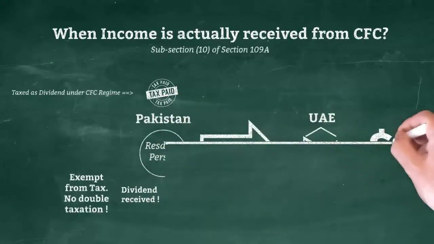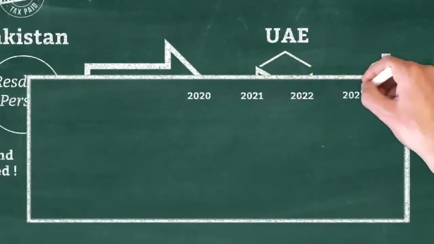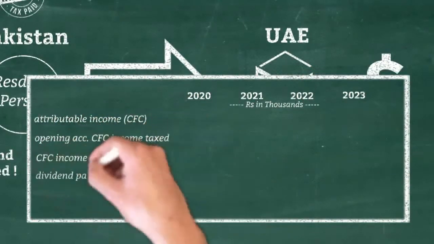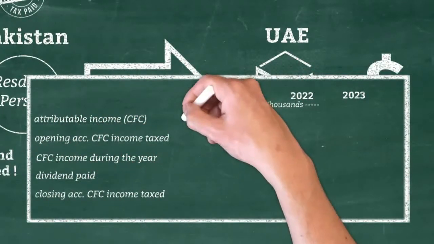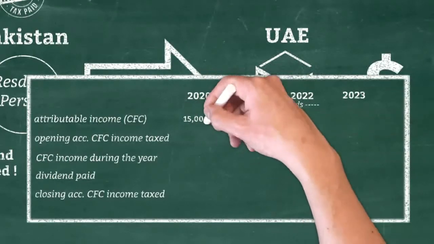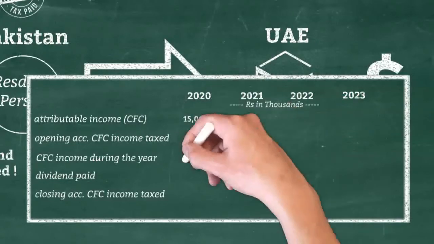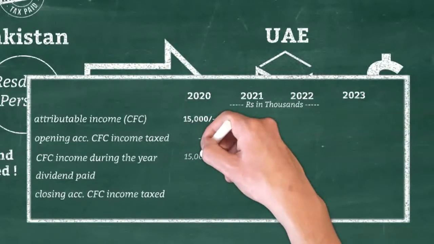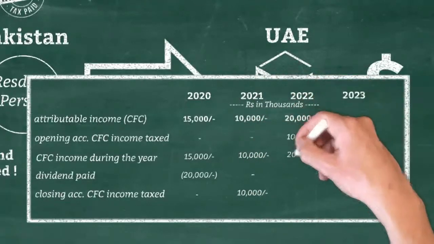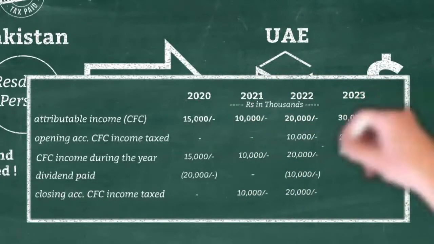To explain this, let's take an example in comparative tax years. In tax year 2020, attributable income is Rs 50 million and actual distribution of Rs 20 million take place. In tax year 2021, attributable income is 10 million and actual distribution of the income is nil.